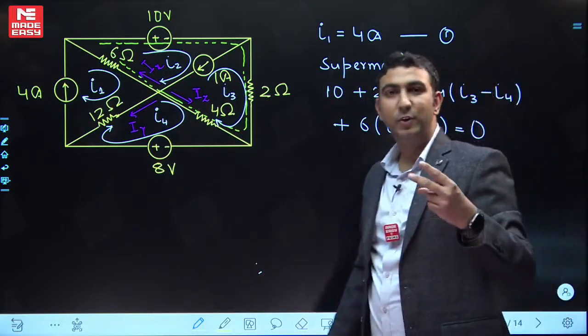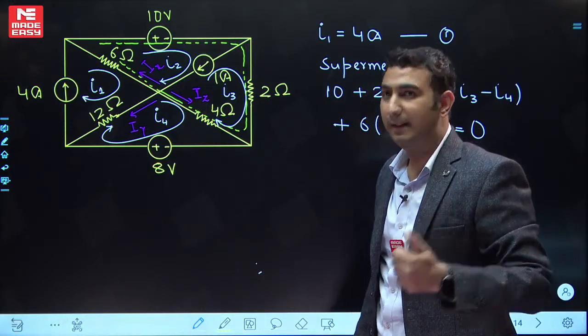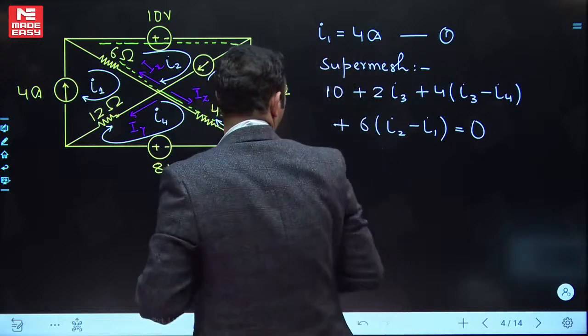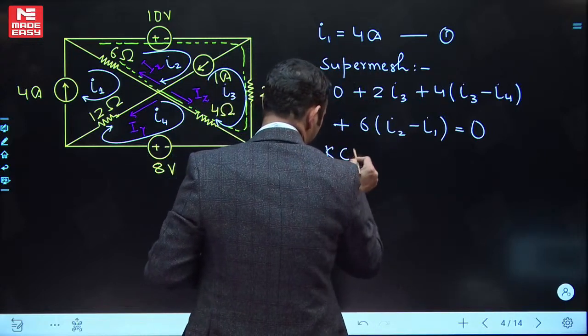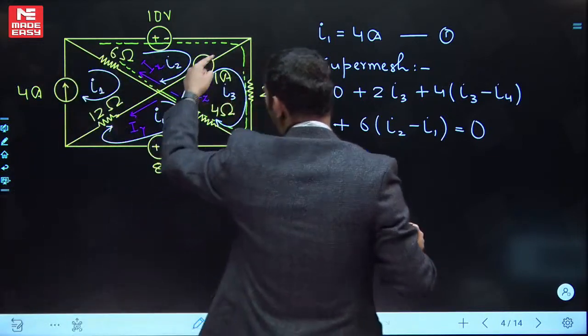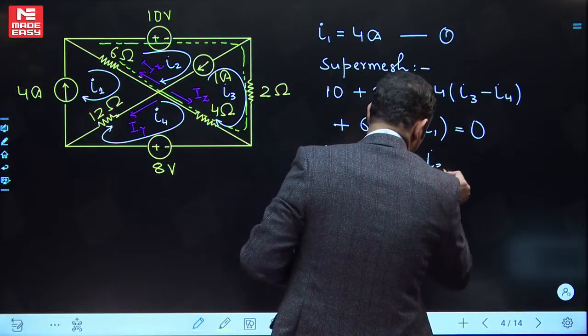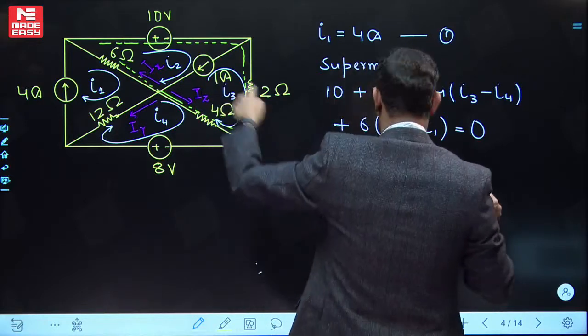From the super mesh we make two equations, one by applying the KVL and one by applying the KCL. To get the second equation, either you can apply the KCL at this node or you can directly see I2 minus I3 will be equal to 1.